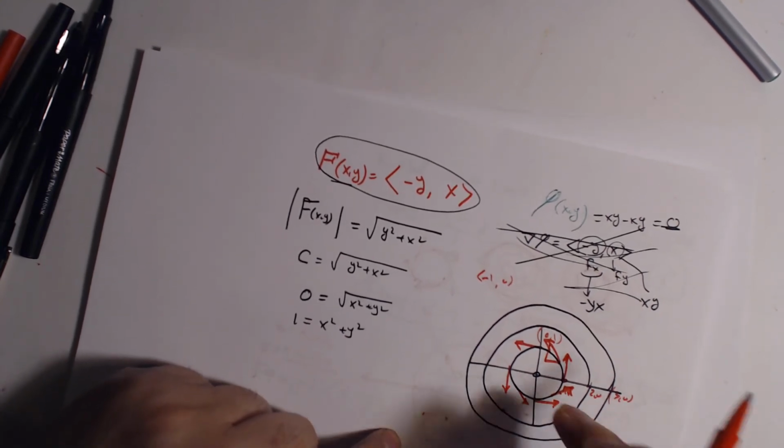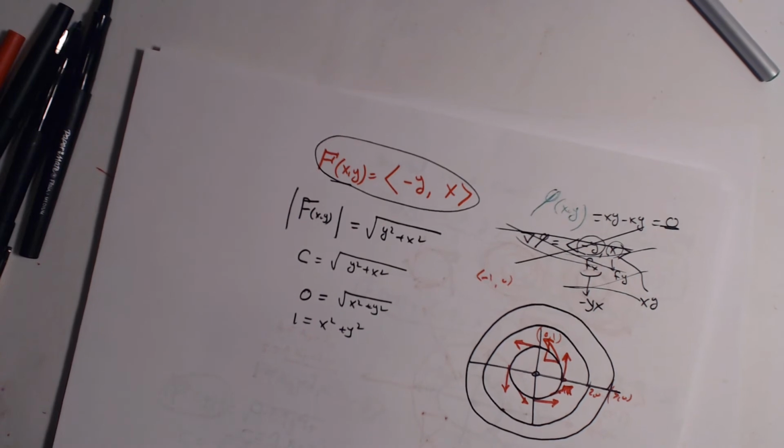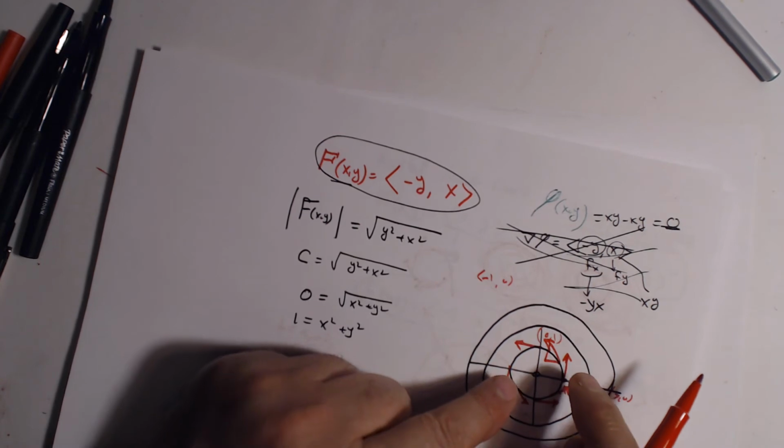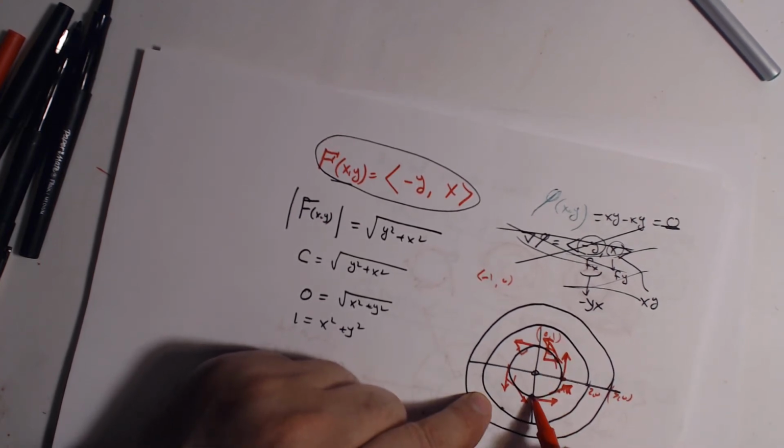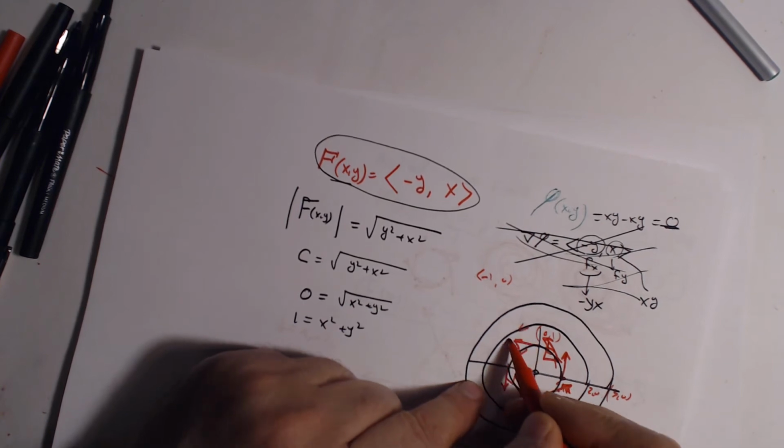Every one of these vectors is tangent to my level curve. And all my unit tangents have the same direction as my path.